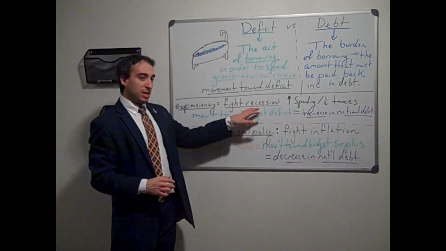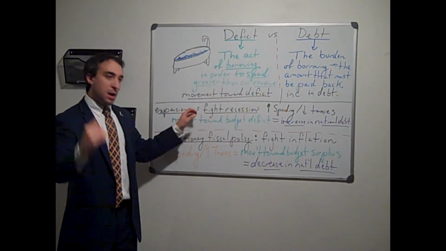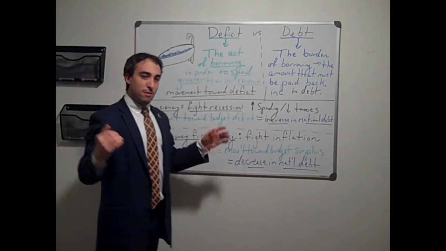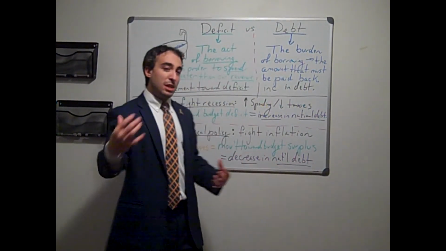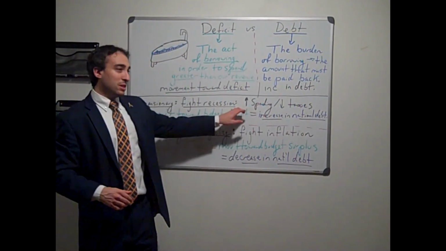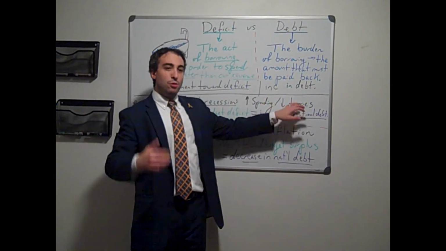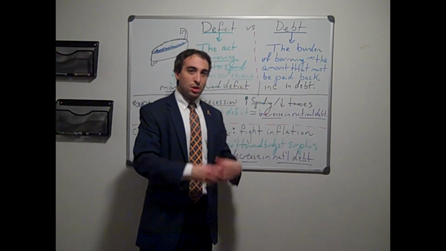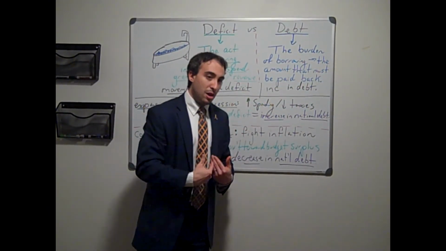To fight recession, the government would use an expansionary fiscal policy. What that means is the government is trying to expand the economy. It's trying to increase spending in the economy. So to increase spending, the government would increase its own spending and decrease taxes as well, and a decrease in taxes would increase our net income.